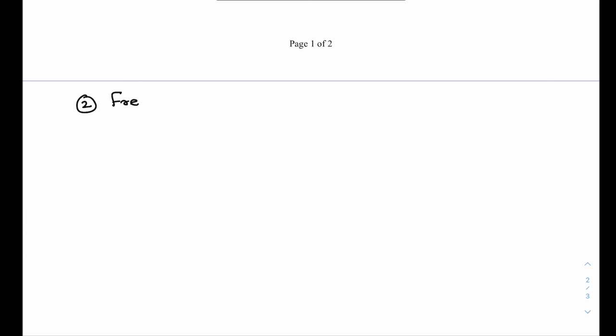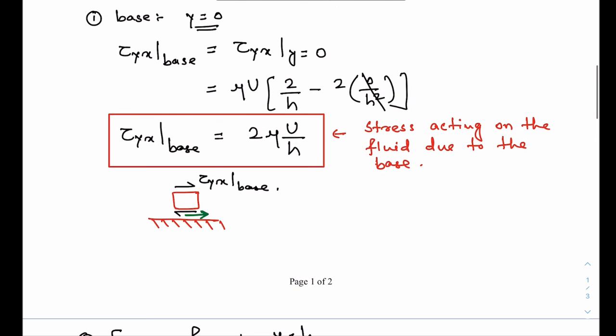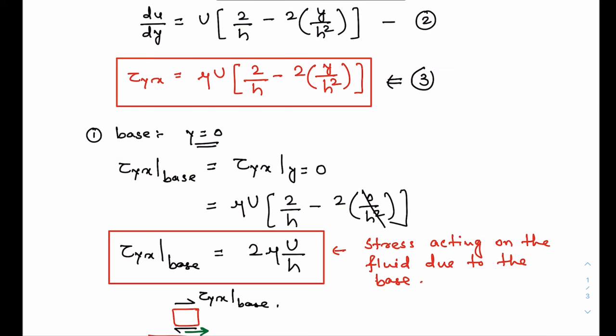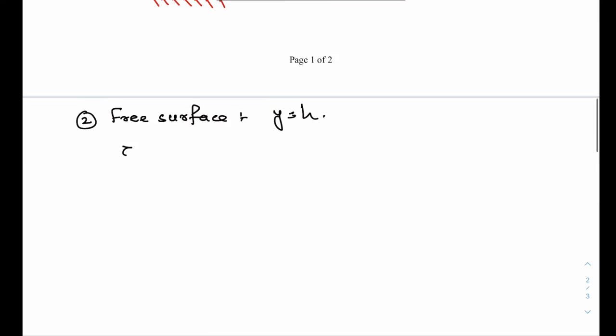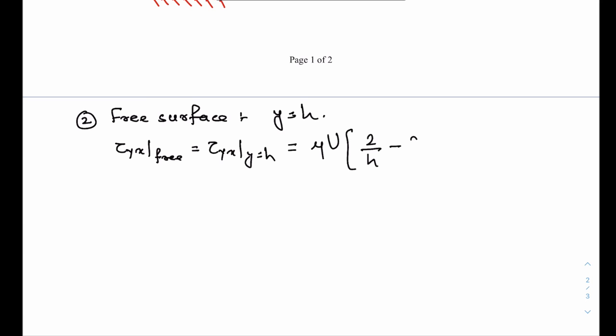Now similarly, at the free surface, y is equal to h. If we substitute y equal to h in this formula, we get mu times capital U times 2 by h minus 2 into h by h square.